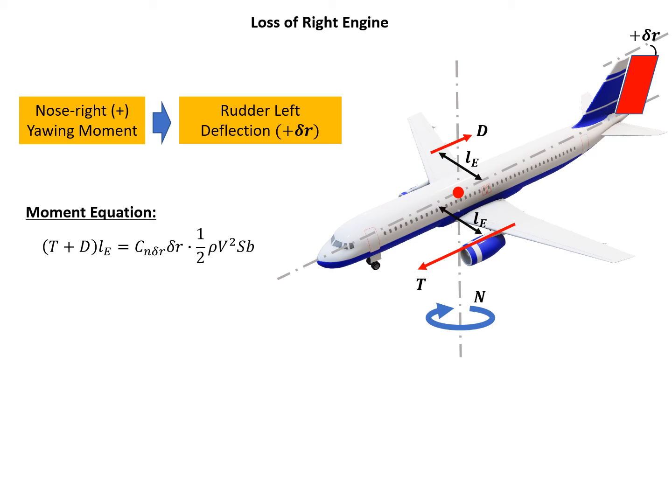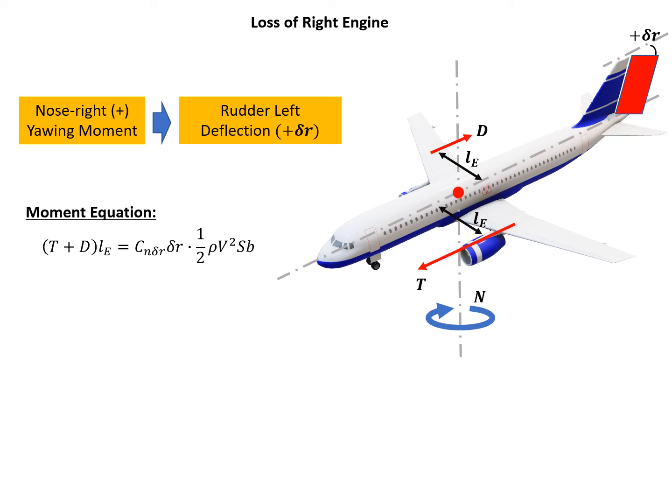On the left hand side is the yawing moment due to T and D, and on the right hand side, there is the yawing moment due to the rudder deflection. So this is what we have.